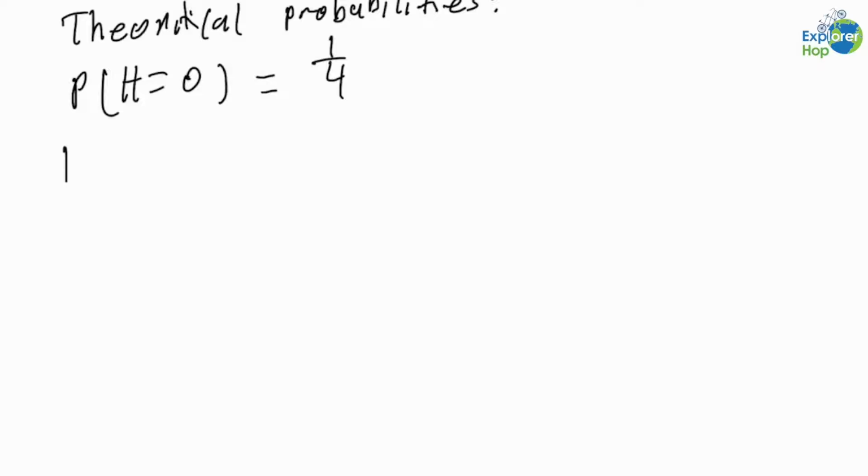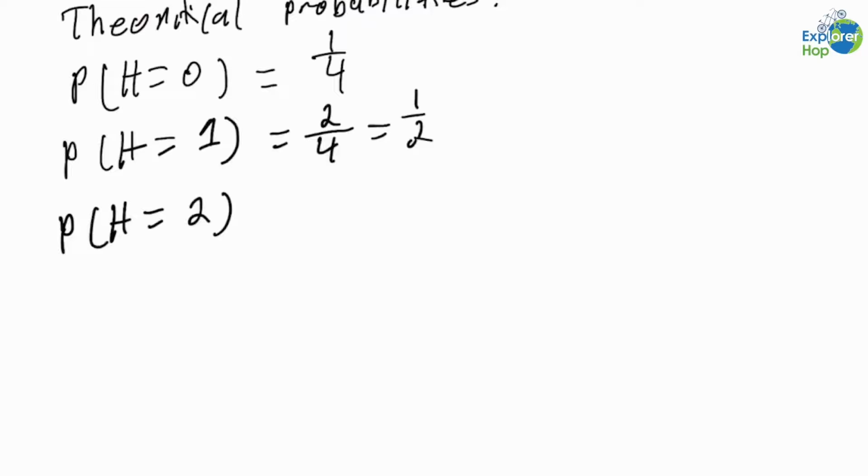Now to find the probability of h being equal to 1, which is the probability of having 1 head, we take the number of ways to have 1 head divided by the total number of outcomes. And we can see that there are 2 ways to have 1 head. We can either have heads tails or tails heads. So this is going to be equal to 2 over 4, which is equal to 1/2.